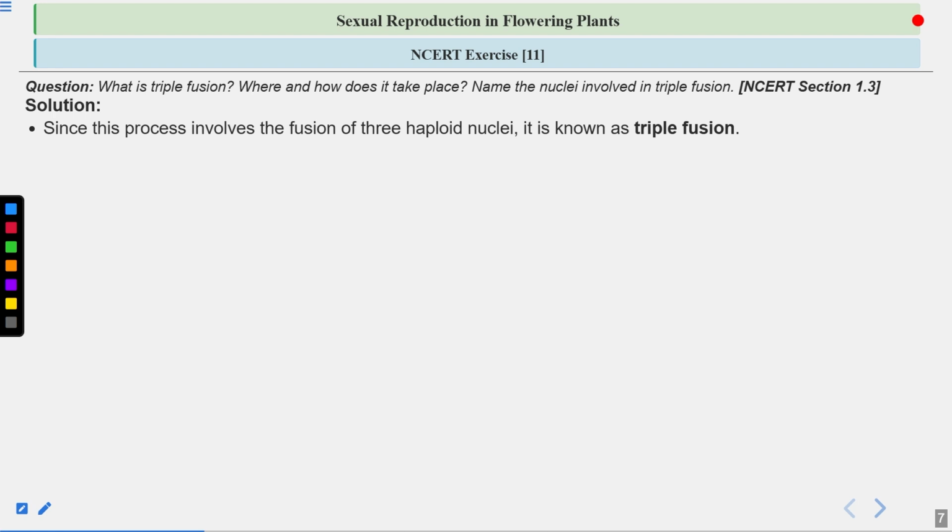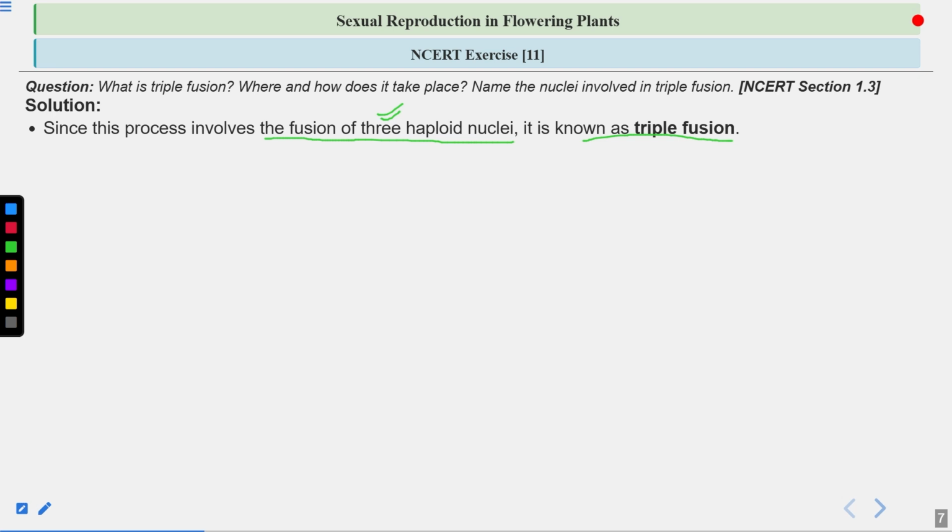Since this process involves the fusion of three haploid nuclei fusing together, it is called triple fusion. Why is it called triple fusion? Because three haploid nuclei fuse, and that gives rise to triple fusion. And what do we get as the result? The triploid primary endosperm nucleus.